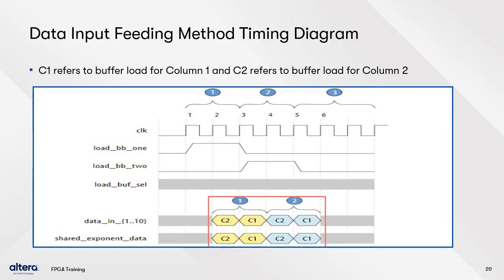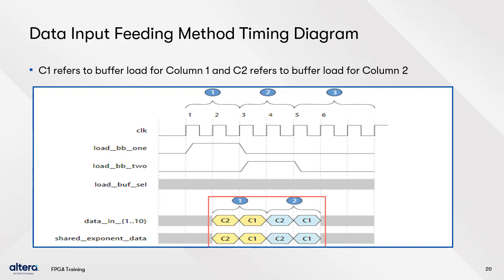Let us understand the timing diagram of the data input feeding method. C1 refers to buffer load for column 1, and C2 refers to buffer load for column 2. In cycle 1 to 2, load_BB_1 is equal to 1 and load_BB_2 is equal to 0 to preload the weight and shared exponent data into the first set of ping-pong buffers.